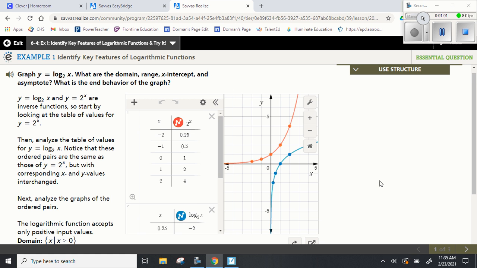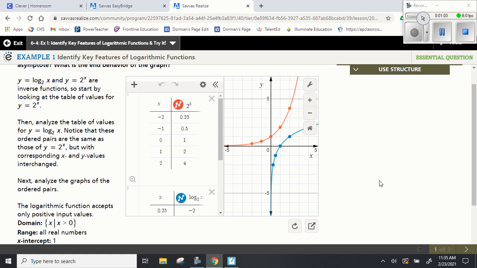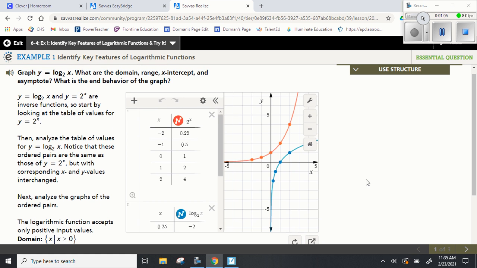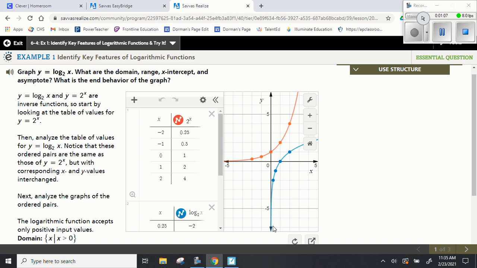We'll notice that log base 2 of x cannot have any x values that are 0 or negative, and that matches with the graph. But it can have any x values going way, way out. Its restriction is over here.